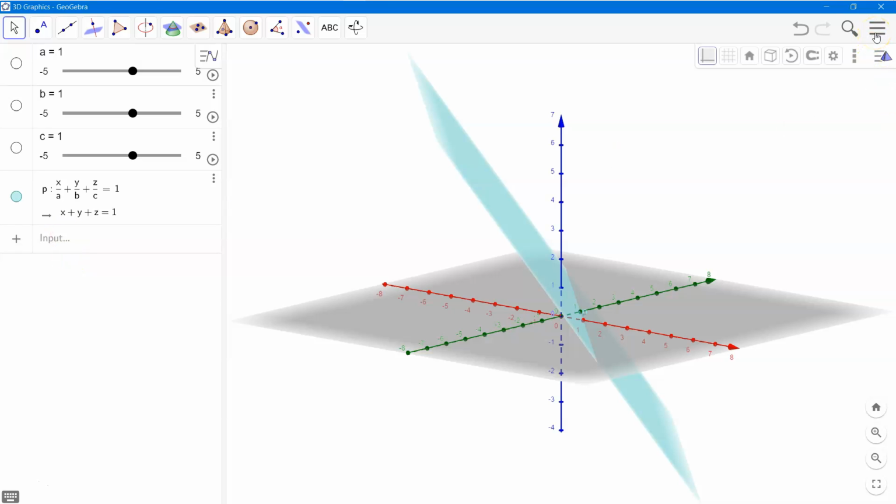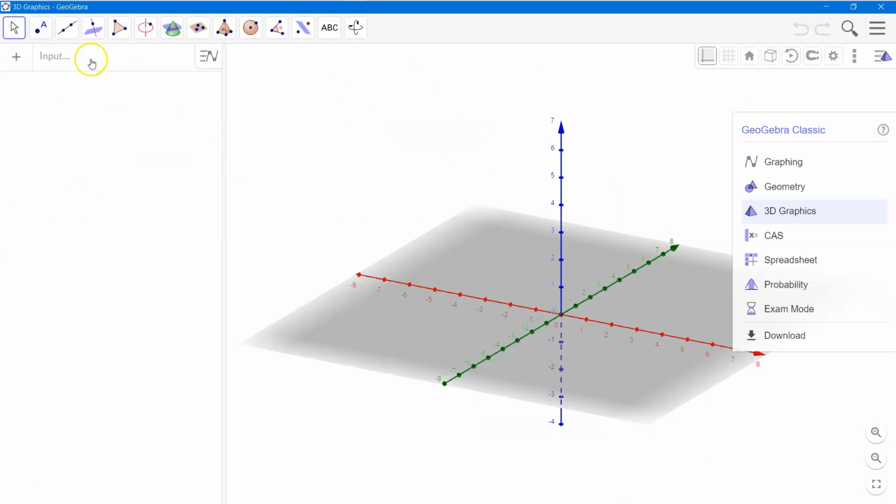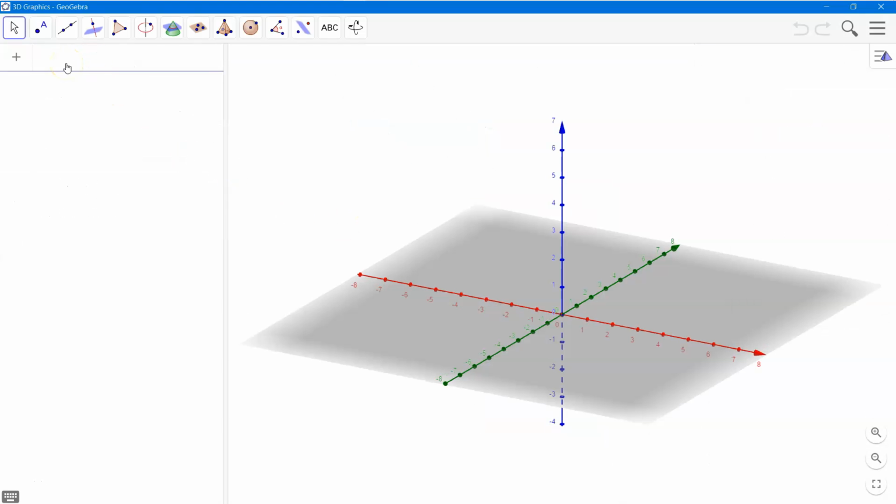Now let's look at another type of equation of a plane, that is the normal form. So let's start from the beginning. Let's say we know the magnitude of the line perpendicular to the plane from the origin, say p is equal to 3. And the direction cosines we also know.